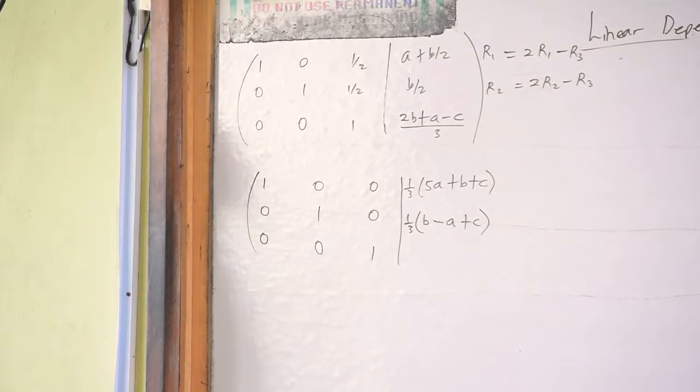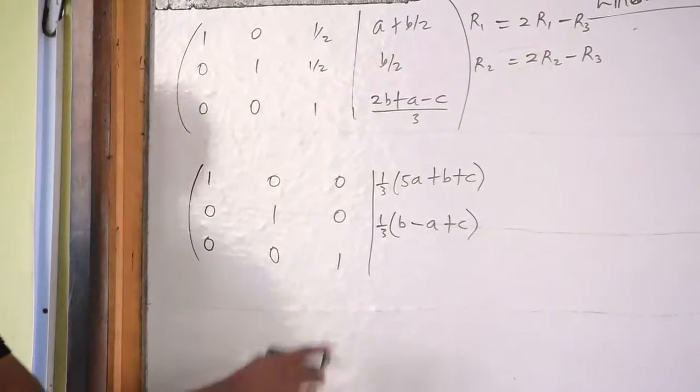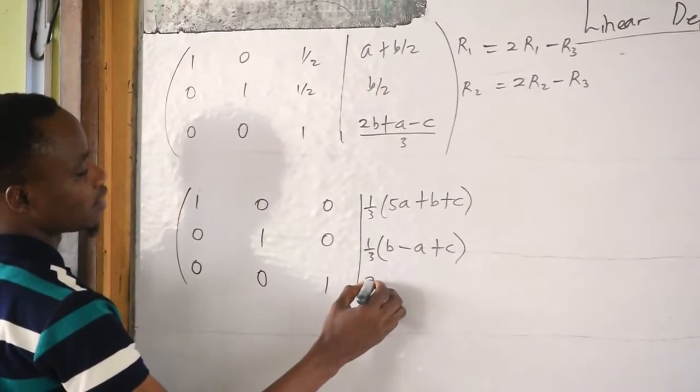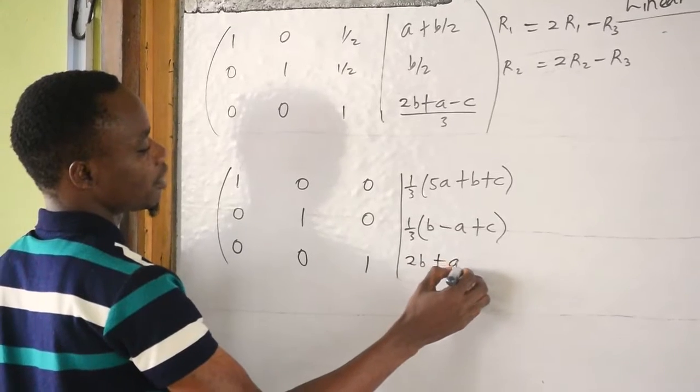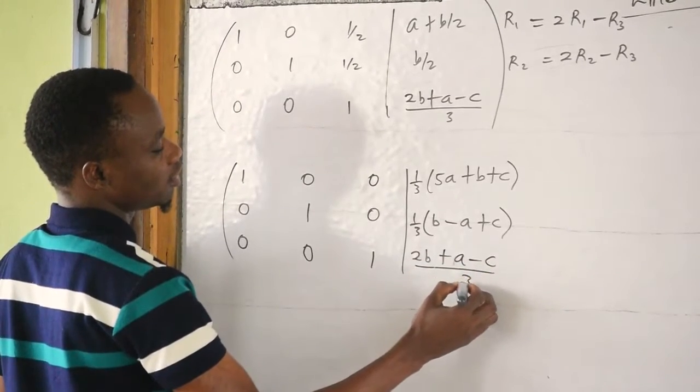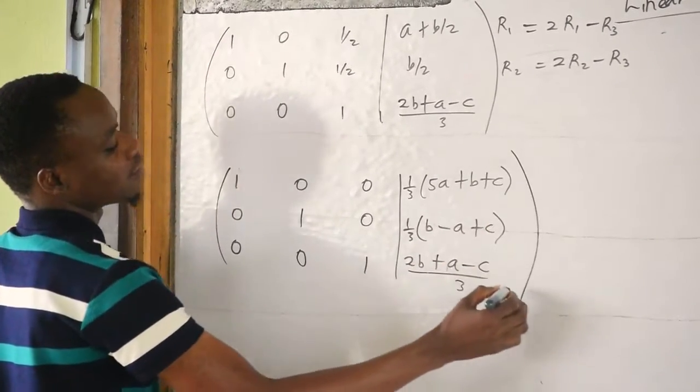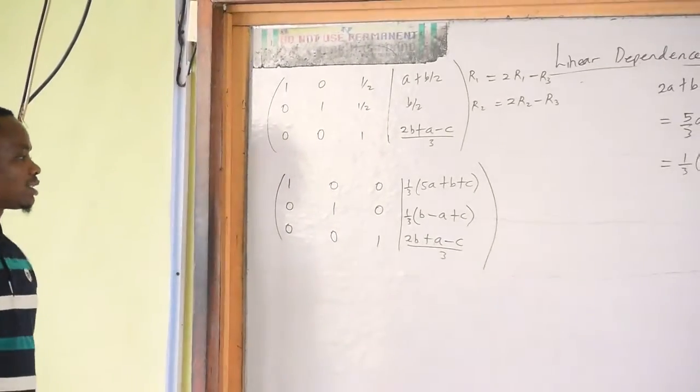Do you get that? We're not doing anything to this. This is going to be 2B plus A minus C over 3. That is all we have on this system.